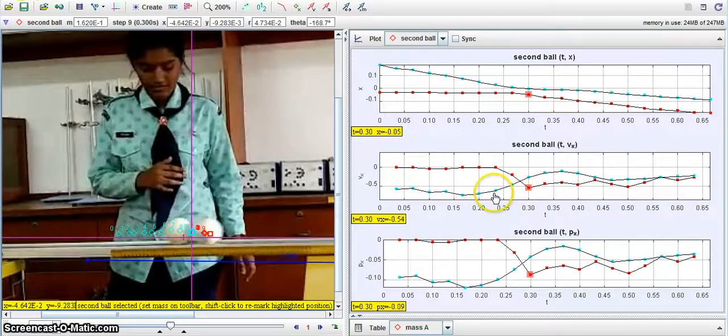Now, at the same time, for the first ball, this is the time of impact, right? So this is the MU, and this is the MV. So what can we analyze from this graph? I will show you later through calculation.